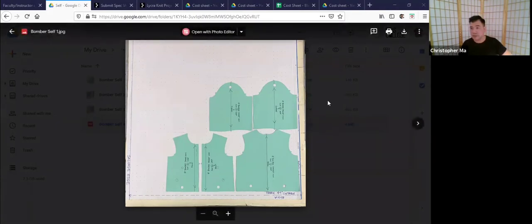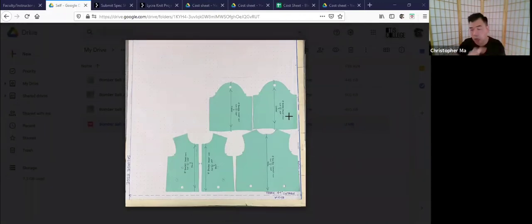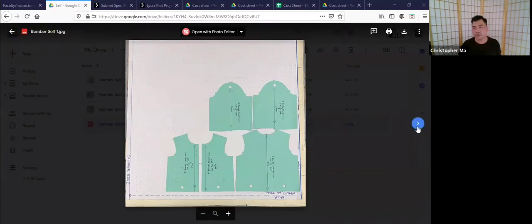So we have to somehow estimate how many times we have to repeat all these pattern pieces to fill in to the best marker. Remember how you looked at the tank top, the woman's sleeveless top, and how you have front and back and you end up having 3 times? We're doing the same thing here, okay? So let me show you a second.